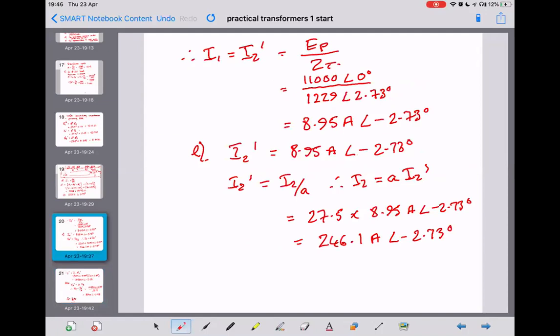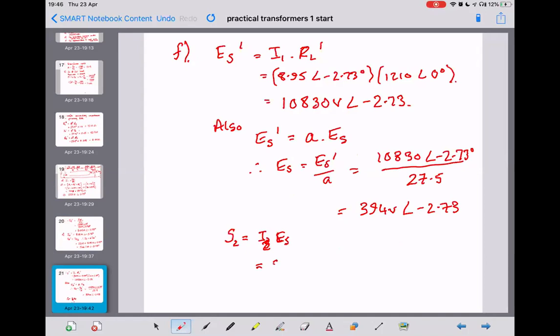I2, is that the 246 one? 246.1, yeah. ES 394 equals. Would we not use the angles on this one? The angles would cancel out. Oh yeah, they would.